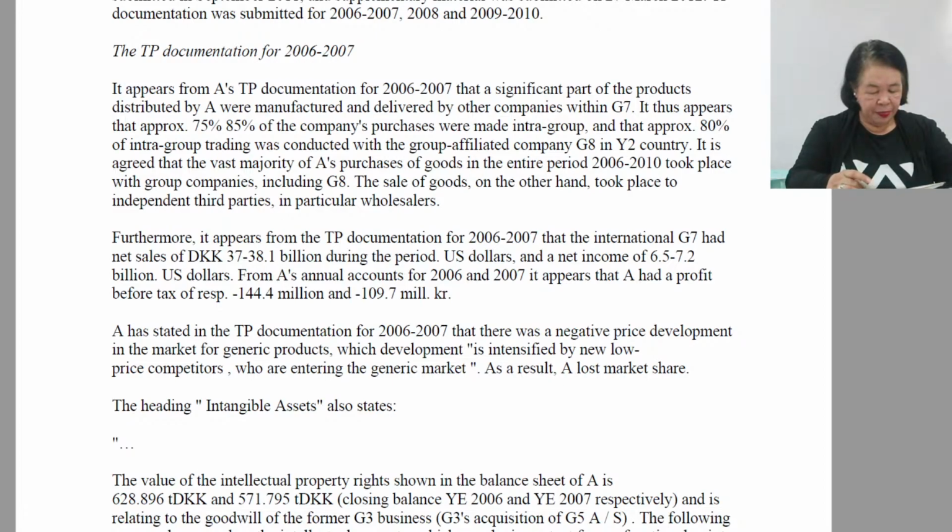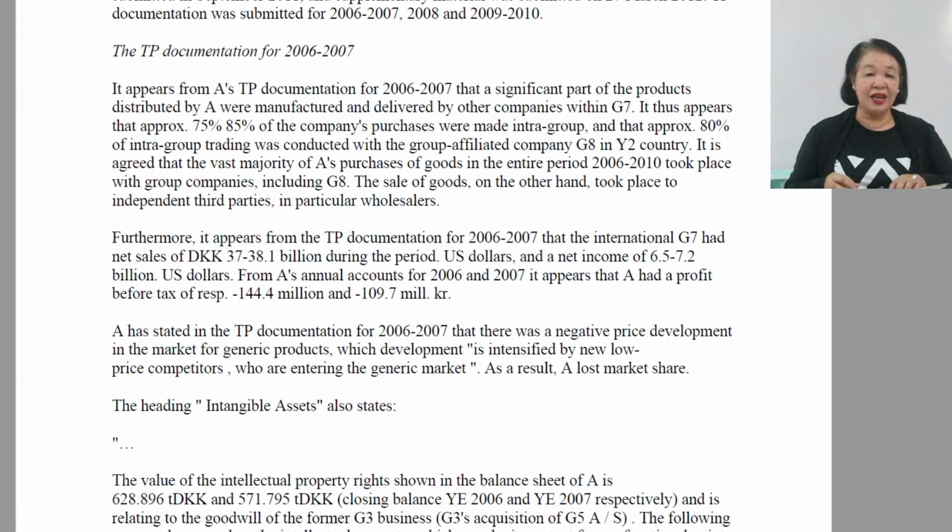No? US dollars. From A's annual accounts for 2006 and 2007, it appears that A had a profit before tax of 144.4 million and 107.7 million krone. No?